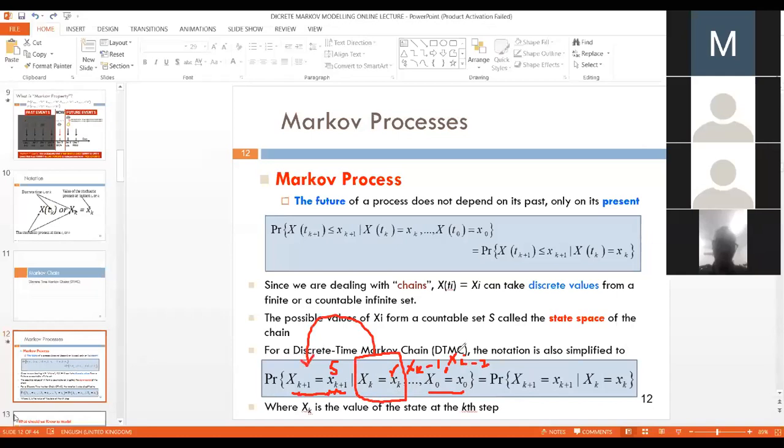All these events are not necessary for prediction, which essentially means that we can cross all of them out, and that should give us a very simple probability model, which is the probability of the process tomorrow, given the process today.